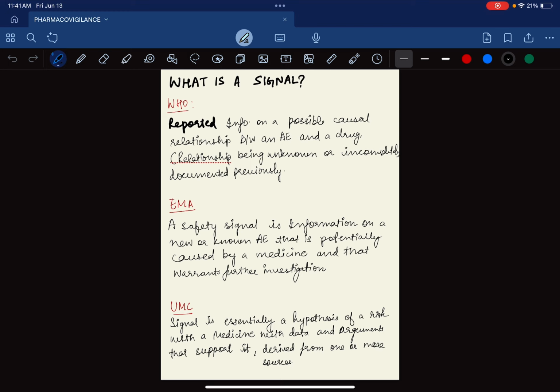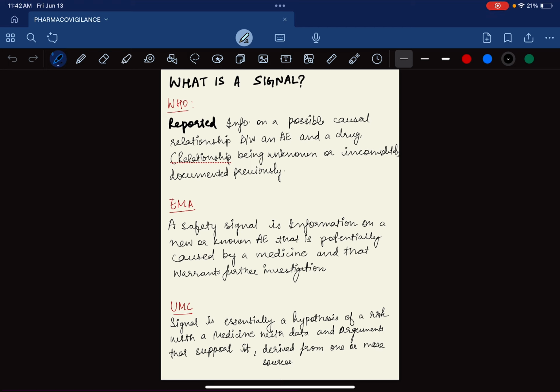If we talk about WHO, the World Health Organization, according to them a signal is reported information on a possible causal relationship between an adverse event and a drug, the relationship being unknown or incompletely documented previously. So, according to the World Health Organization, it is any kind of information where there is a causal relationship.